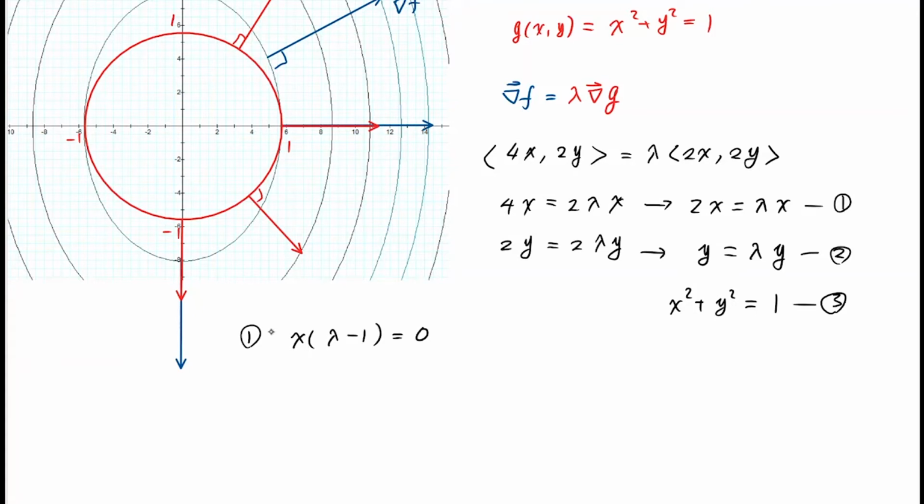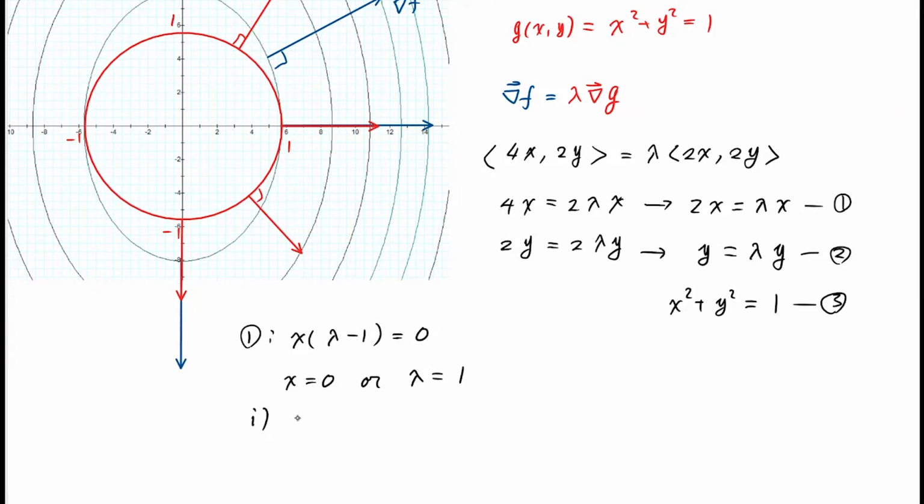That's what equation 1 is, isn't it? So from here, I get either x is equal to 0 or lambda is equal to 1. Good. So let's consider this case 1.